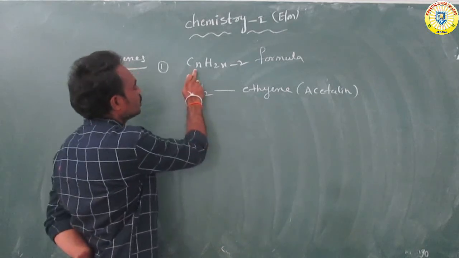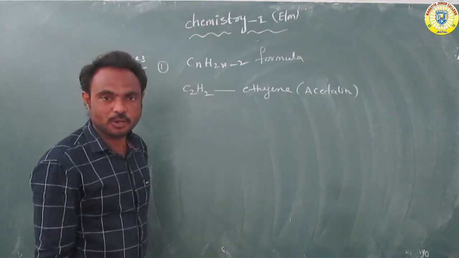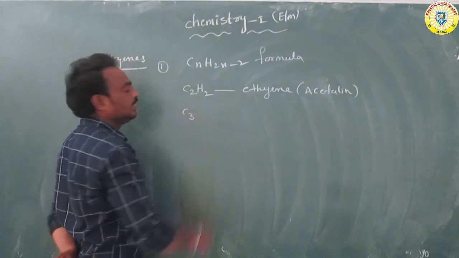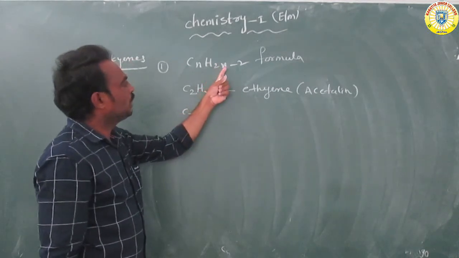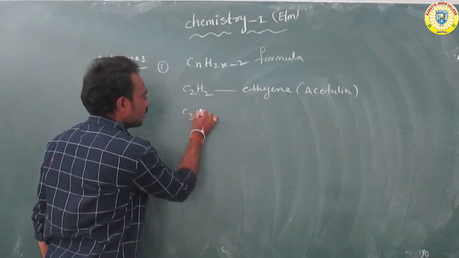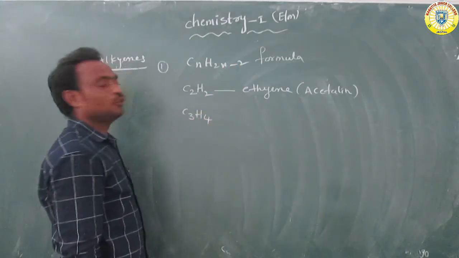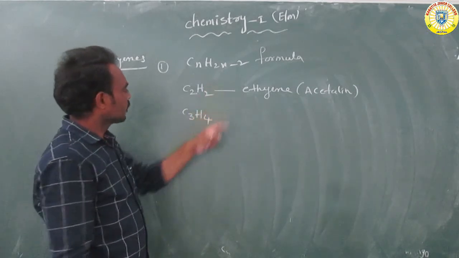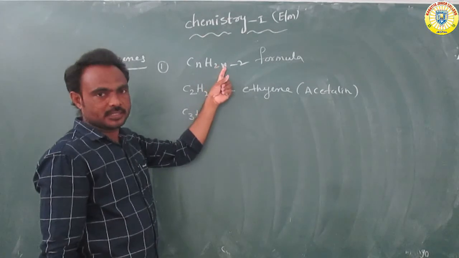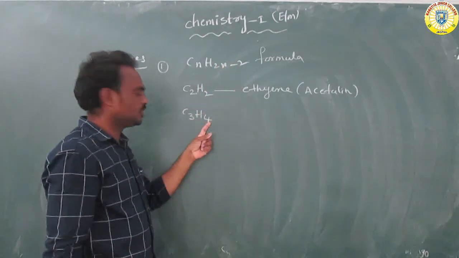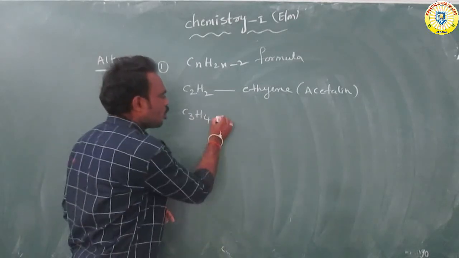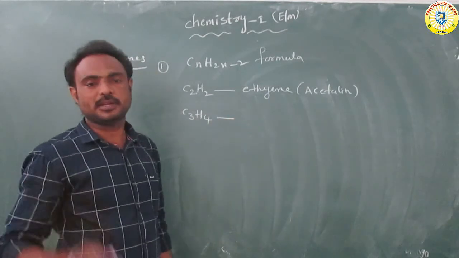Suppose we write n equal to 3. Then C3, 2 times 3 is 6, minus 2, so overall C3H4. How many carbons? 3 carbons.